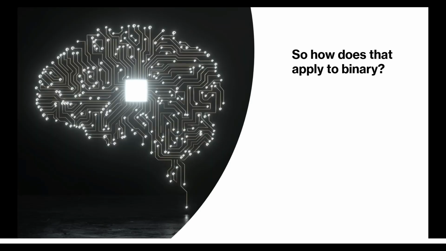The same can be said with any other quote-unquote base system. Decimal is technically just base 10, and we'll see why that's the case in just a minute. So how does that apply to binary? Well, binary is just a system of counting. Bi implies 2 digits, and this is just a fancy way of saying that we count in binary using 2 digits, 0 and 1.